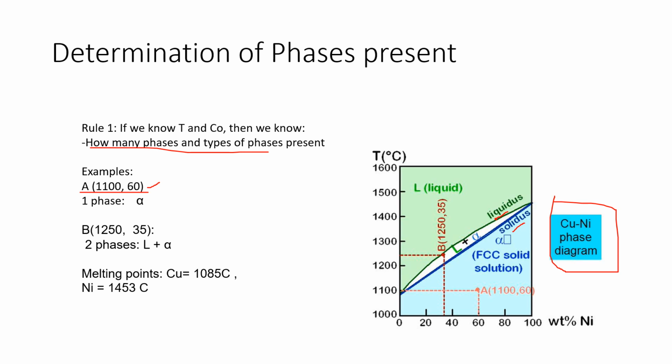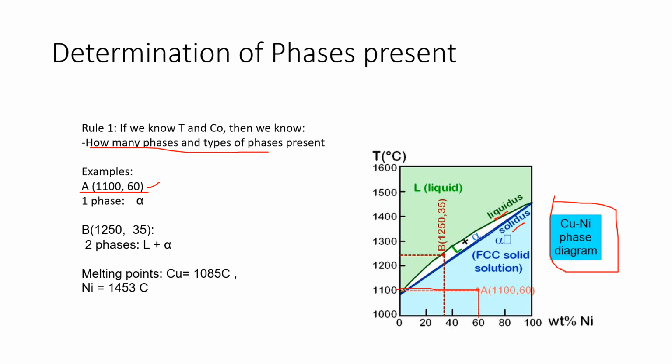When we look at point A, if we draw a horizontal line towards the left-hand side, we will get the temperature of point A, which is 1100. Similarly, if we draw a line downward, we will get the composition of point A, which is 60% by weight of nickel, and its temperature is 1100.